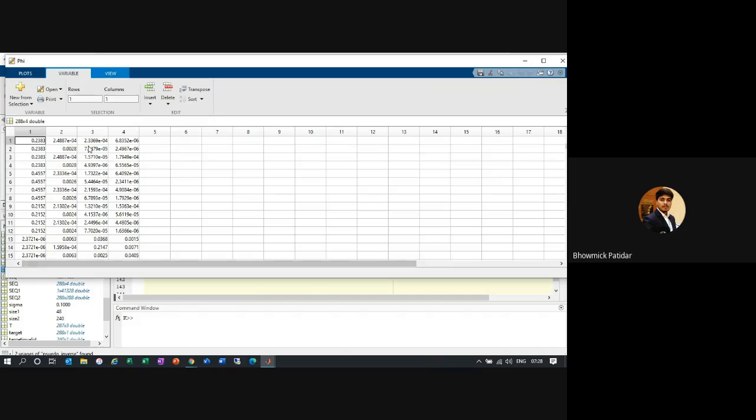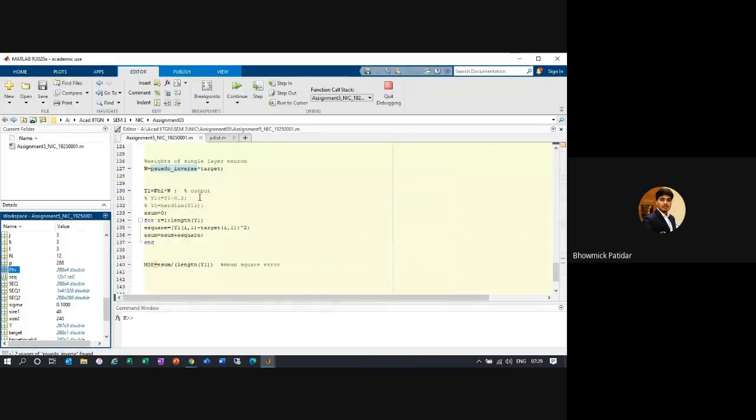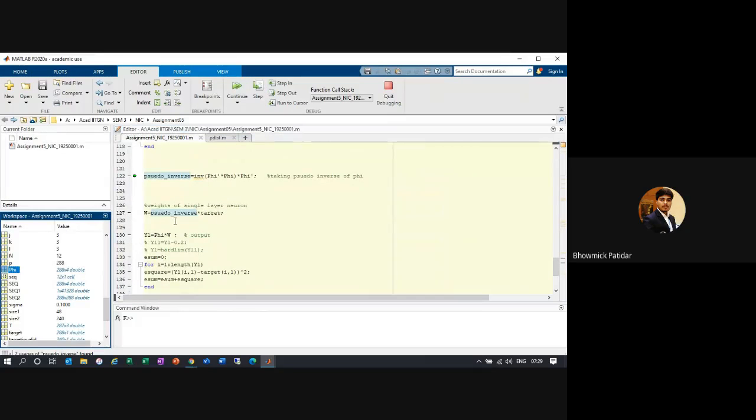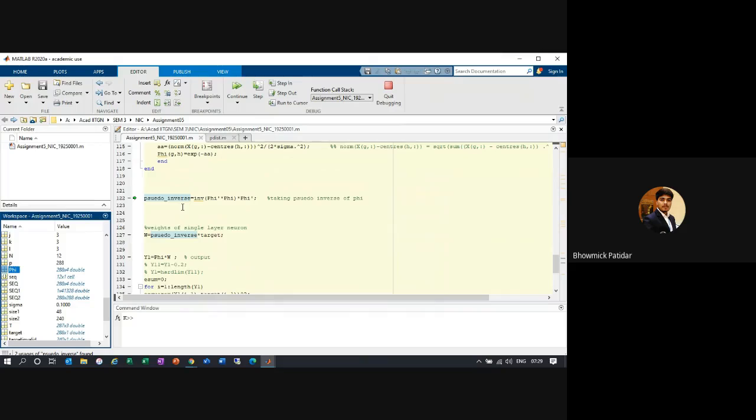So now we have successfully converted from P1, P2, P3, P4 to phi 1, phi 2, phi 3, phi 4. Every pattern input has four different Gaussians. So basically, we have now approached the problem using four basis Gaussian functions.